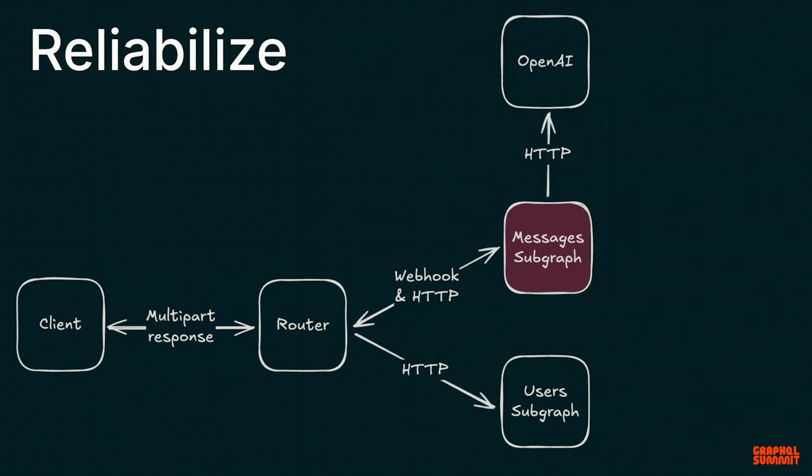So that's one thing. We need some durable place to store the group data, like the list of messages and the name of the group and the members and stuff. But we also want to have more reliability in a couple other parts. One is calling OpenAI's API.